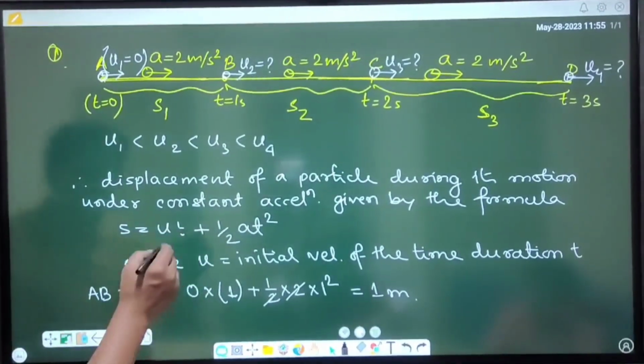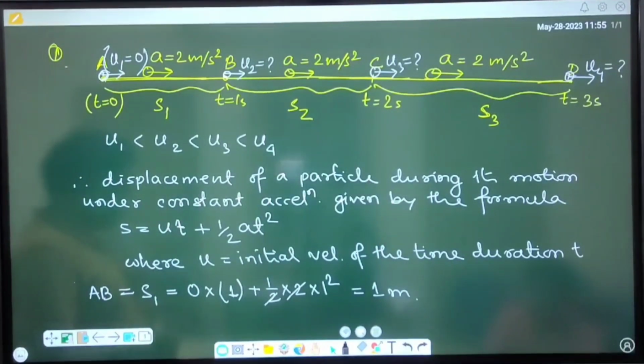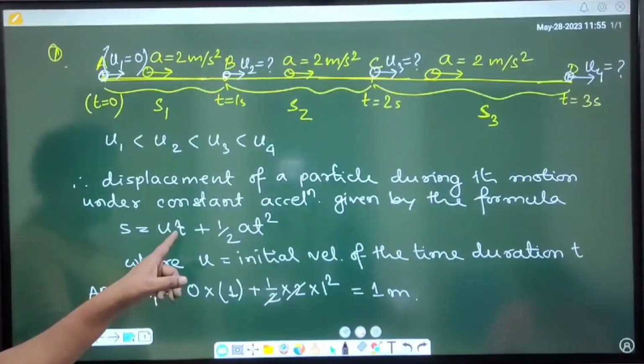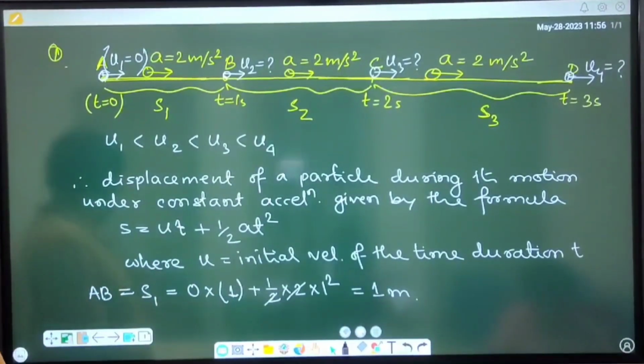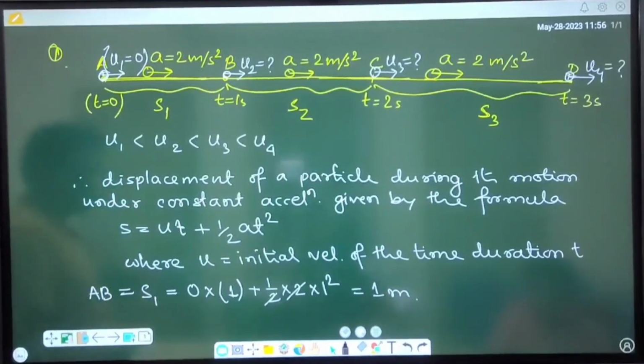And in the next part, half a t square, the power of t is 2. So according to the formula, we substitute the value and decide whether we need to square or not, depending on the formula. The formula says that in the first part we are only supposed to use t, not t square. Then why should we do 1 square? So have you got this one?